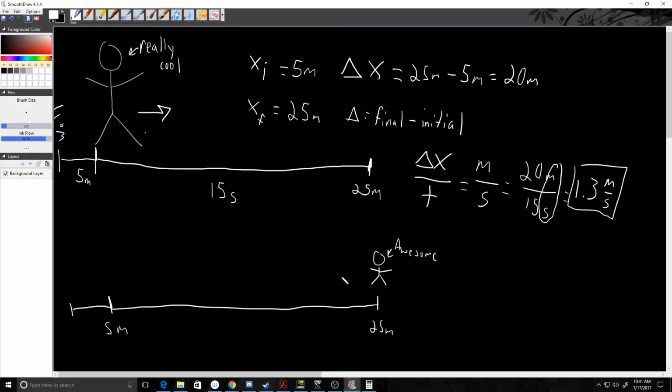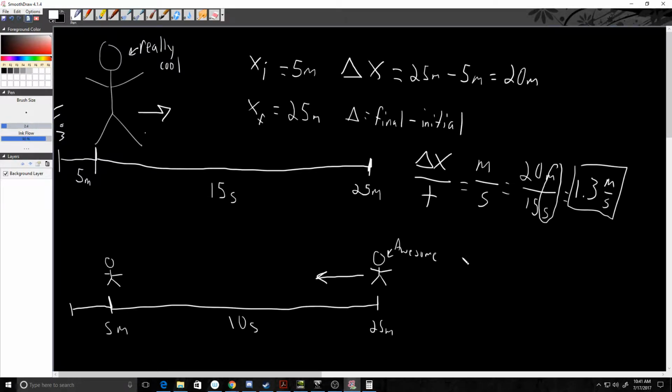Let's say this time I'm starting 25 meters away from the wall. We're going to say that I'm going to speed up a bit. It's going to take me 10 seconds to get back to where I was when I was 5 meters away from the wall. All right, so how does this look this time?